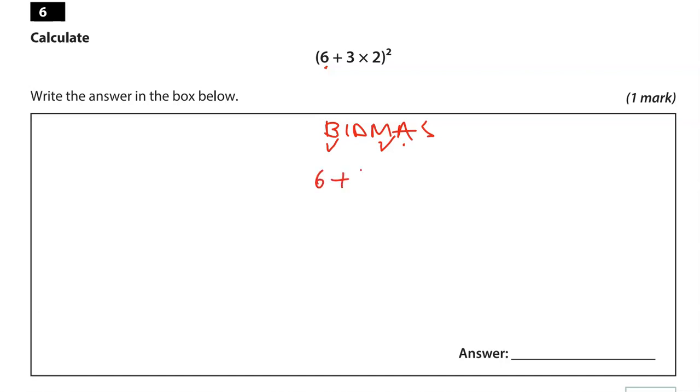So 6 add 6, all squared. Again, within the brackets, 6 add 6, that is 12 squared. 12 squared, that is the same as 12 times 12, which using a calculator gives you 144.